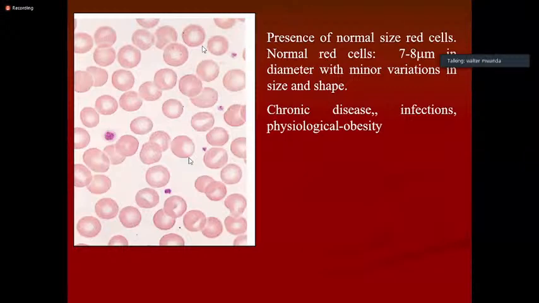Of course, we know diseases change in terms of intensity, in terms of grade, and in that case also in terms of severity. In other words, the severe form of macrocytosis will manifest in anemia as a consequence or as a complication.